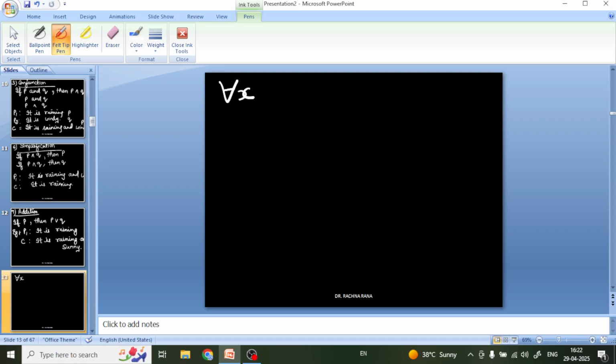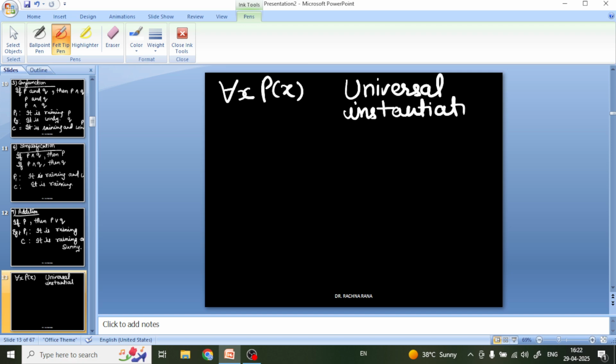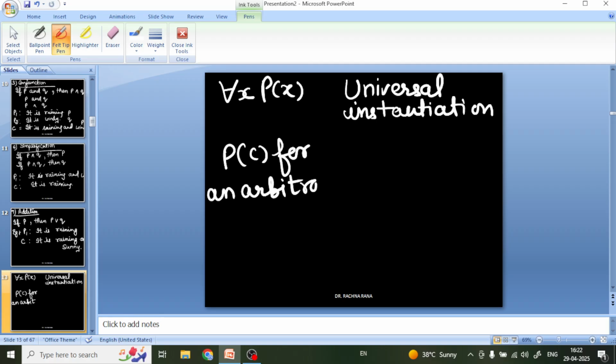For all x, P of x, that is known as universal instantiation. P of c for an arbitrary c, universal generalization.